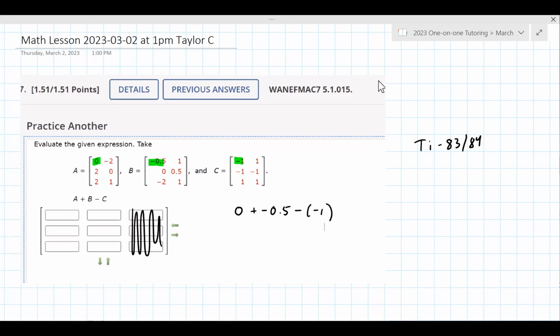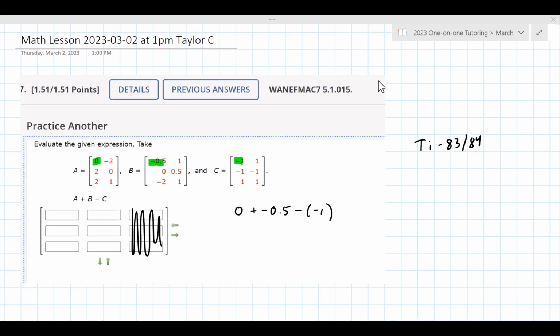Okay, so you can see pretty straightforward. Now, would you like me to show you how to do this in the calculator? Yeah, please. Give me a moment here to get that loaded up. Okay, so I'm going to switch over to sharing the virtual TI-83 here.